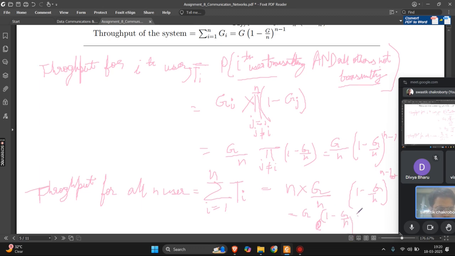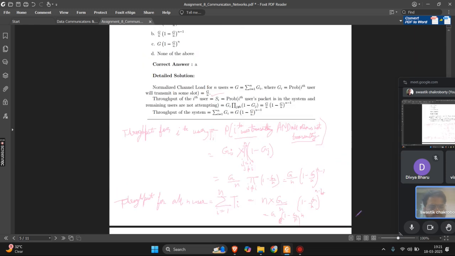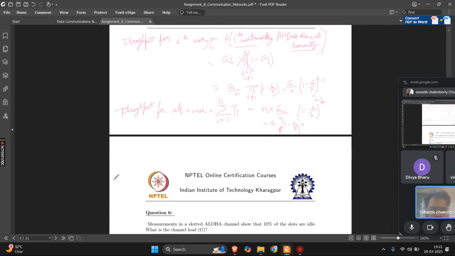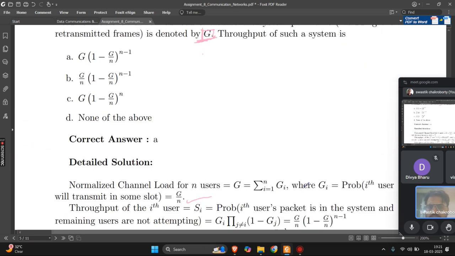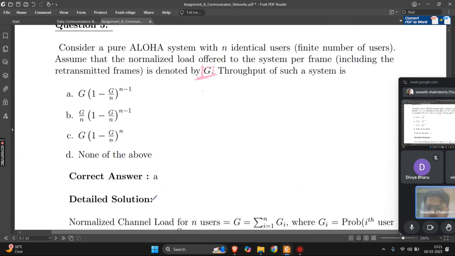So the correct answer is G into 1 minus G by n, whole to the power n minus 1. Sorry, whole to the power n minus 1. So the correct answer is option A.